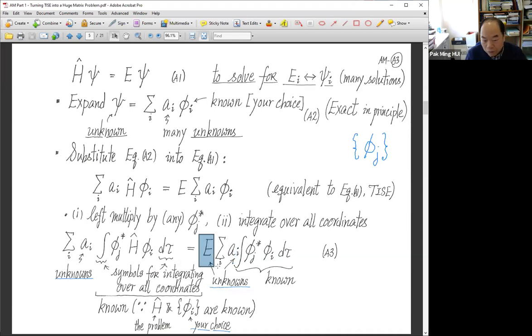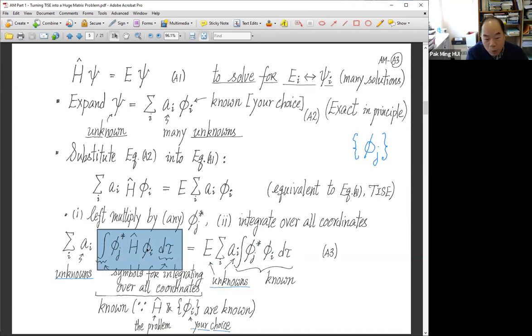Also, we want to find the energy E. So those are the unknowns. What are the knowns? You give me a problem, H is known. I have picked my choice of function. The set is known. So all these integrals are known.